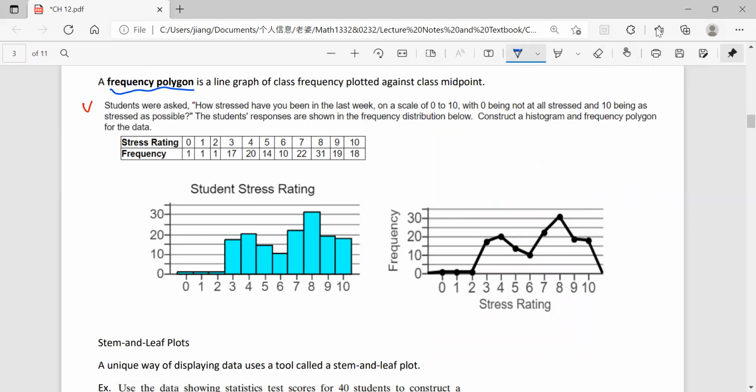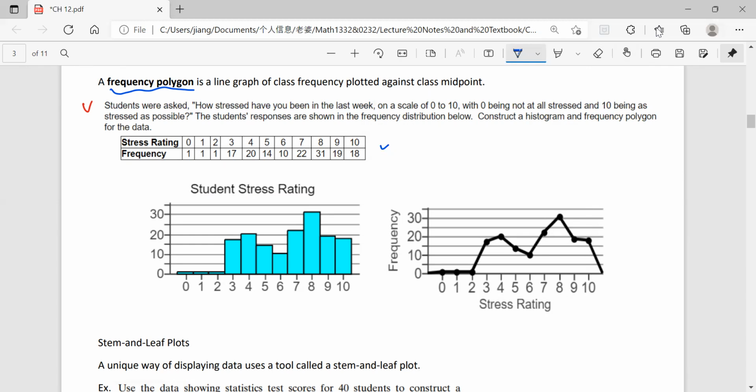The students' responses are shown in the frequency distribution below, in the table. Construct a histogram and the frequency polygon for the data. In the homework, you don't need to construct the histogram. You just need to select which is the corresponding histogram or frequency polygon. You don't need to draw it. Just identify which is the correct one.